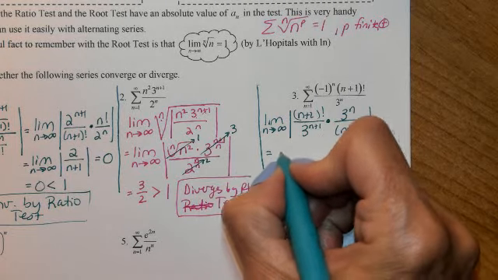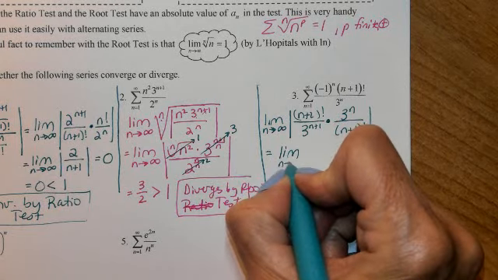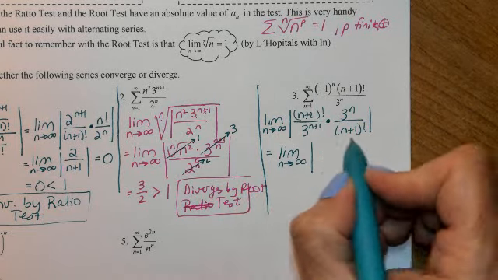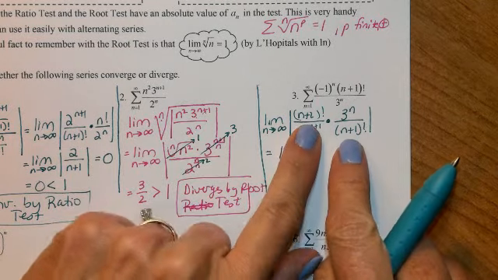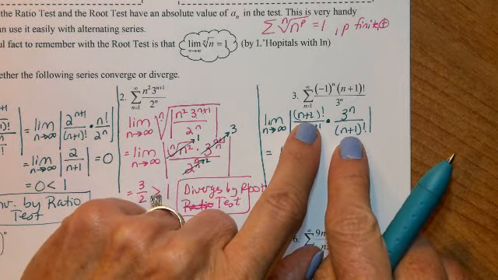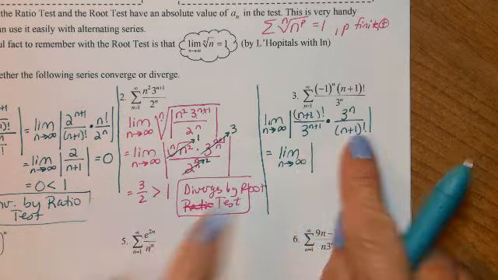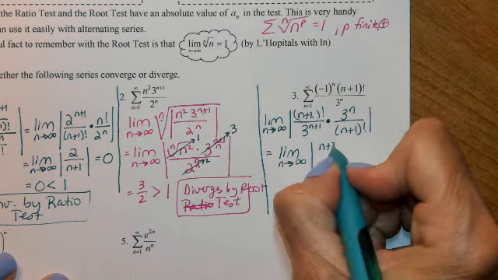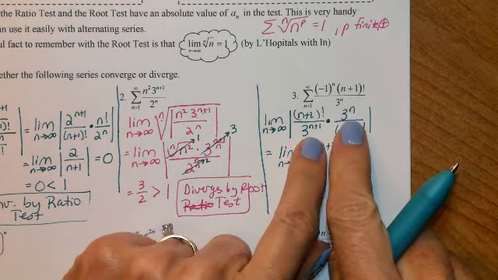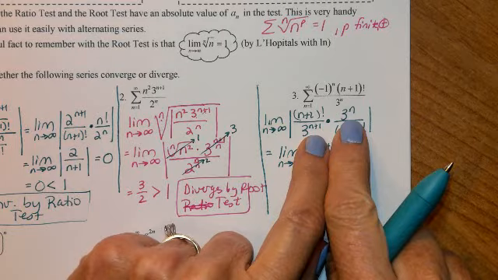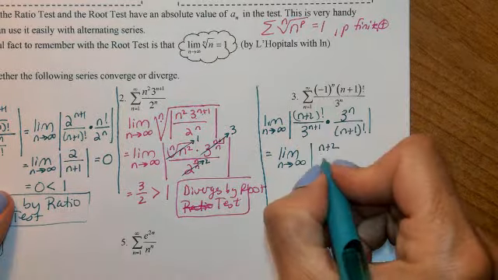Let's work out this limit. Let's reduce what we can. I see these factorials. What do they reduce to? They reduce to an n plus 2 on top, don't they? What do the 3's reduce to? The 3's reduce to a single 3 on the bottom.